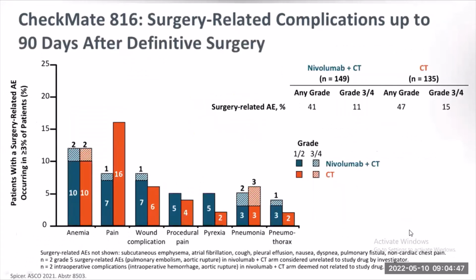So in all subgroups, the pathological CR rate was higher with use of immunotherapy. What are the toxicities? In both the arms, the majority of toxicities were grade 1, grade 2. There were few grade 3, grade 4 toxicities, especially pneumonia, which was higher in the chemotherapy alone arm, but it is also seen in the nivolumab plus chemotherapy arm.